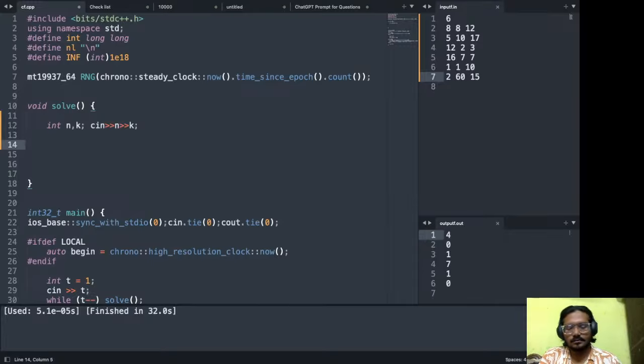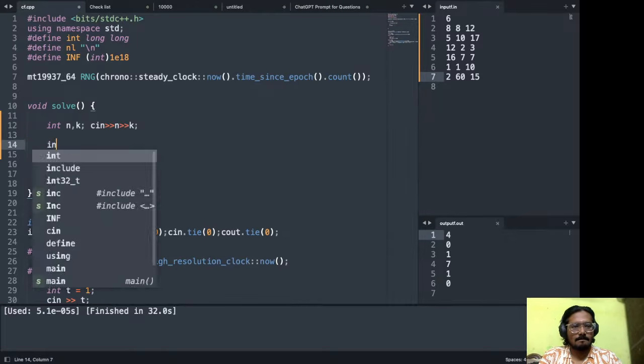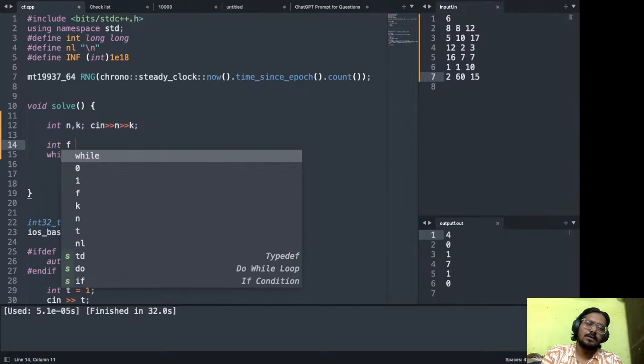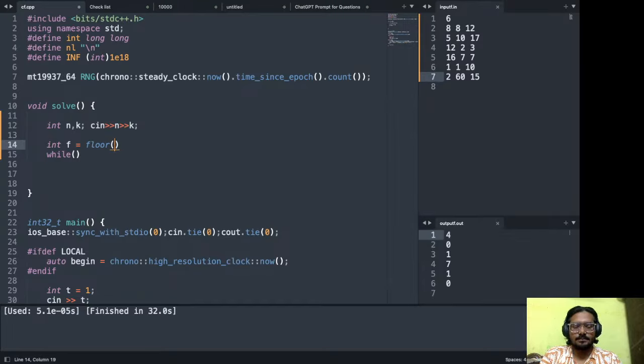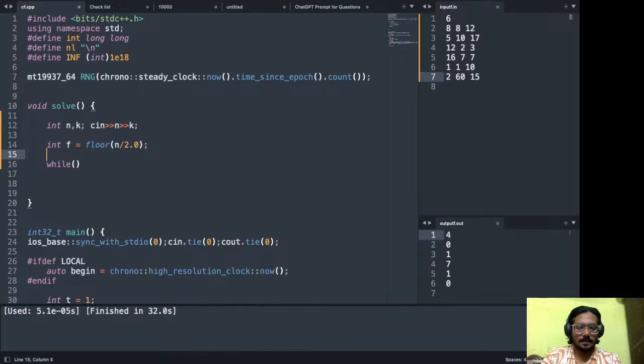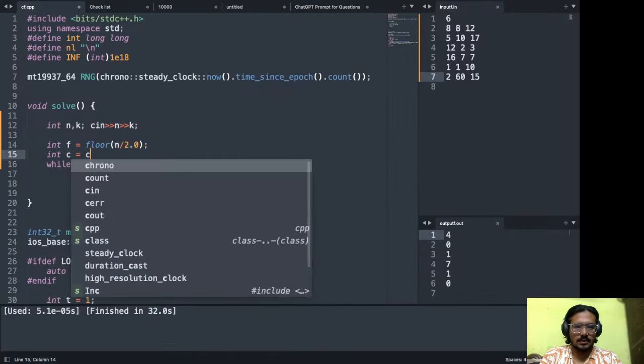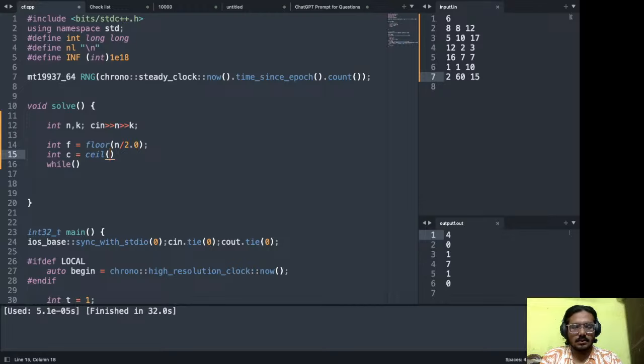Okay. While floor f equals floor of n divided by... ceil equals ceil of n.